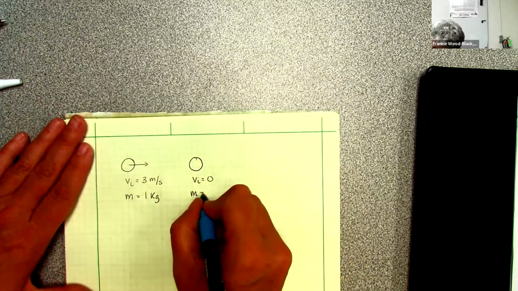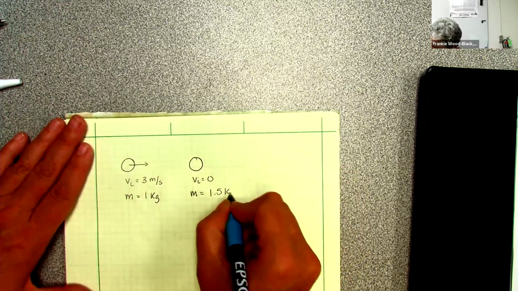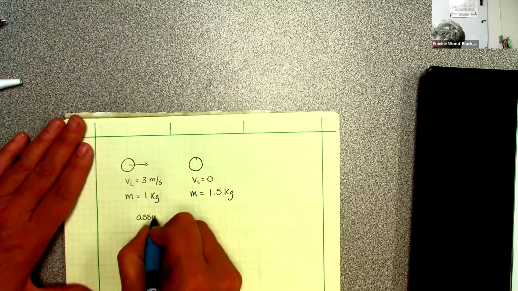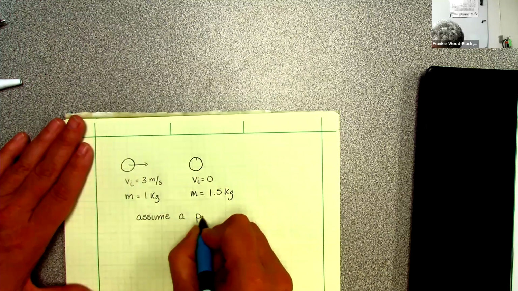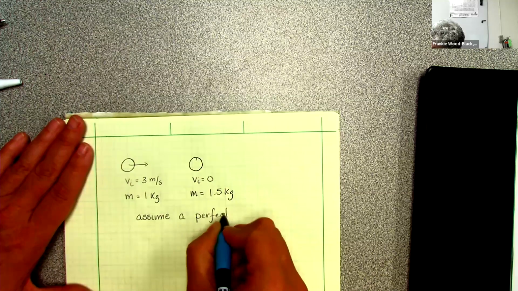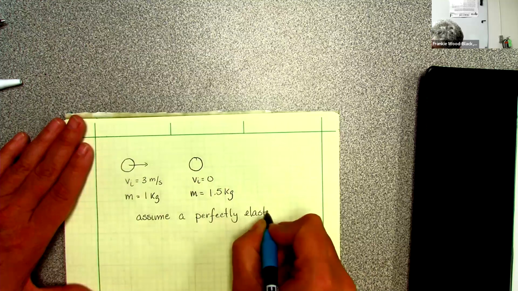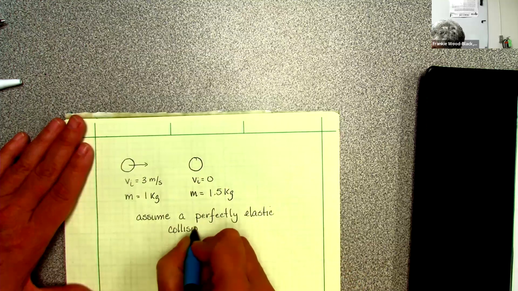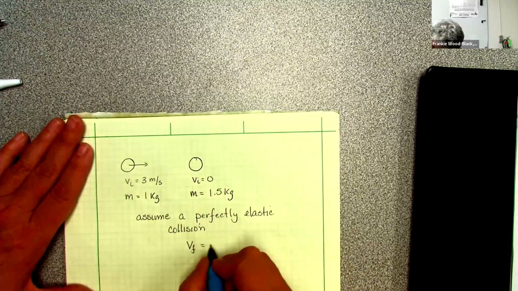It has a mass of 1.5 kilograms. This time we're going to assume a perfectly elastic collision. And we want to know the final velocity of the second ball.